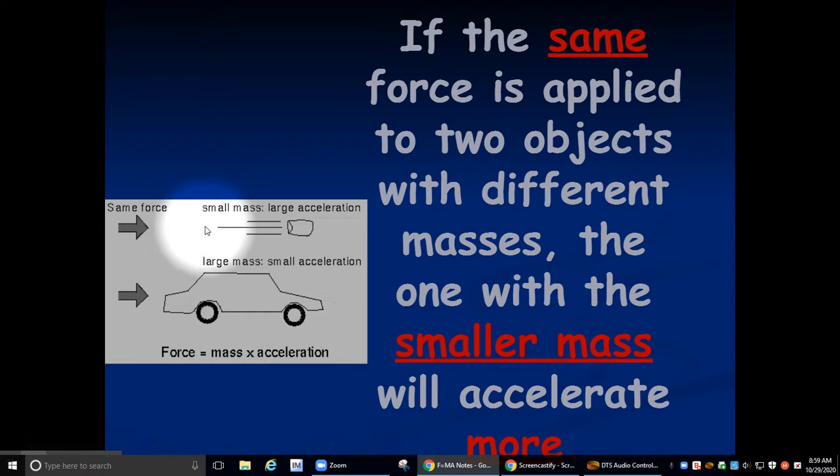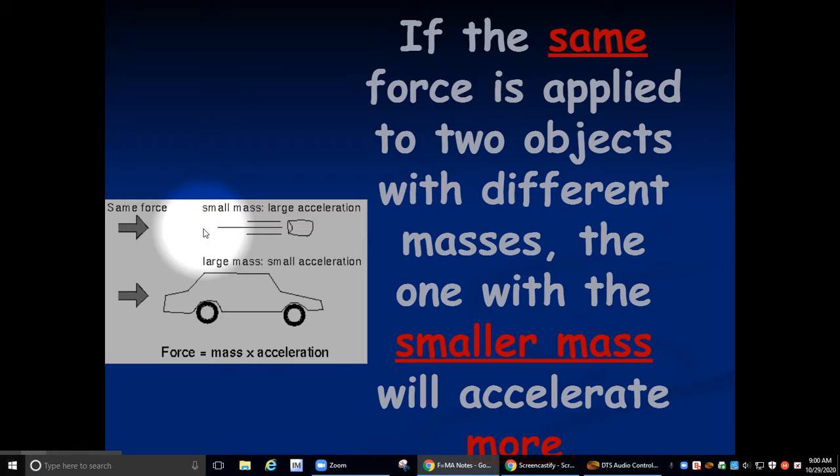If we have a marshmallow and we push it with some force, it's going to go far. But if we use the same force on a car, that car may not even move. The force may not even be big enough to get that car to accelerate. So the larger the mass, the more force is required to accelerate the object.